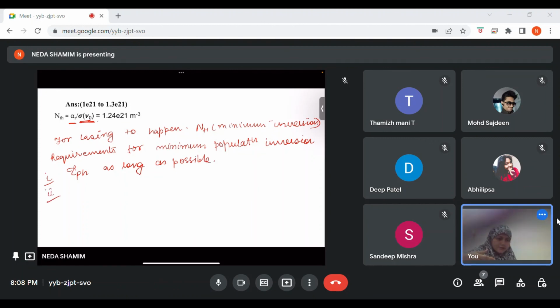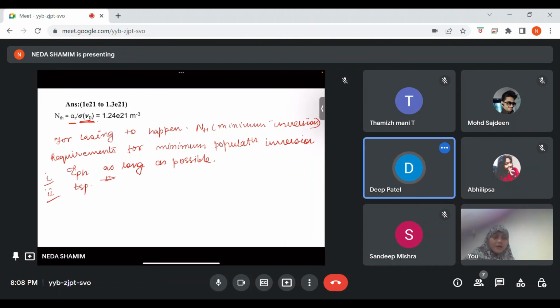Second thing is that TSP, that is the spontaneous lifetime. Should this be long or should this be short? This is a spontaneous lifetime. This should be as short as possible. Why should this be short?